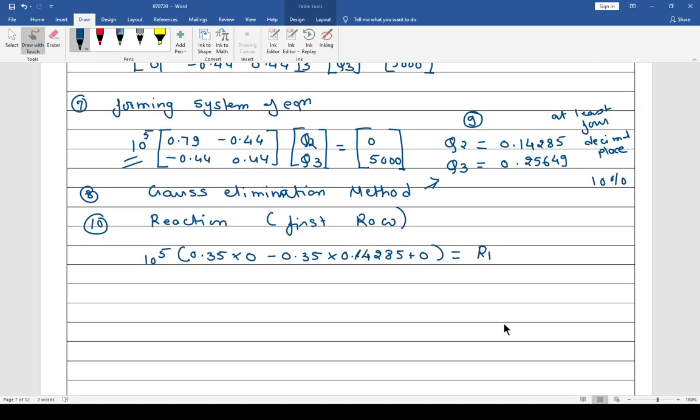Now find R1. Okay, so just do the calculation. And let me know the value of R1.